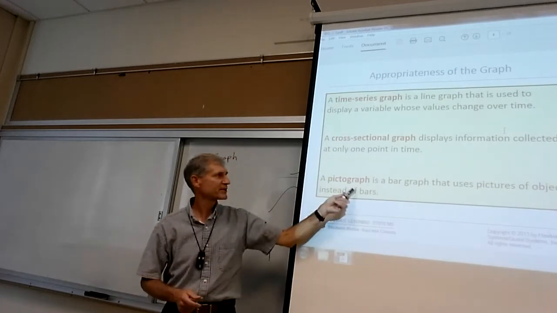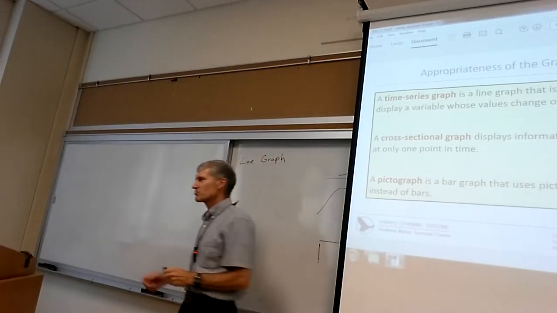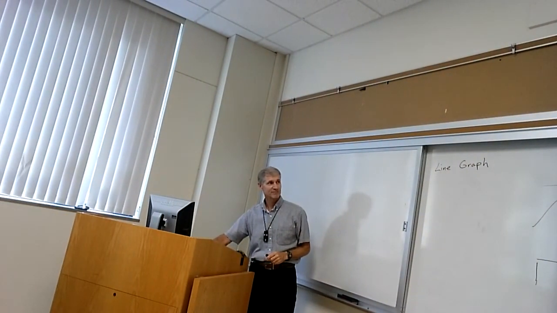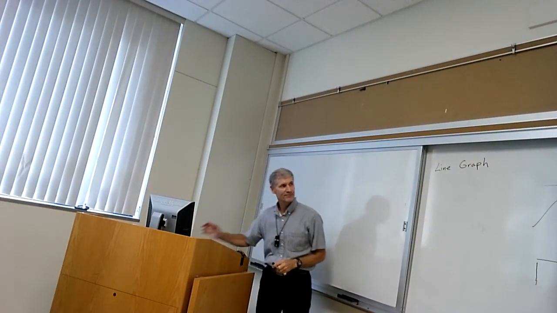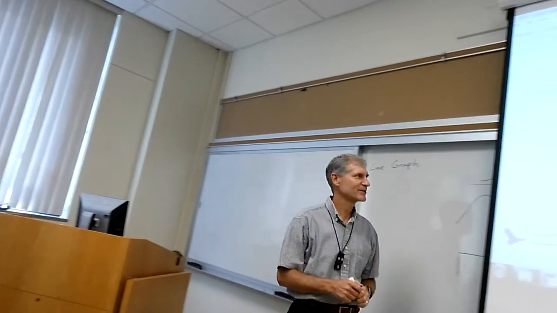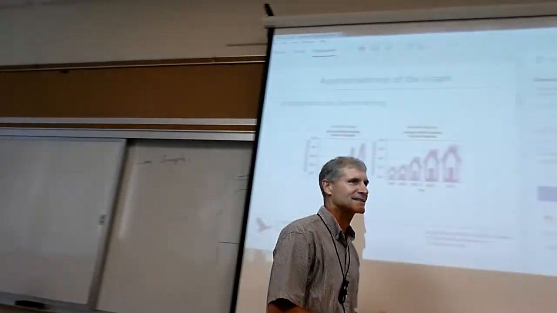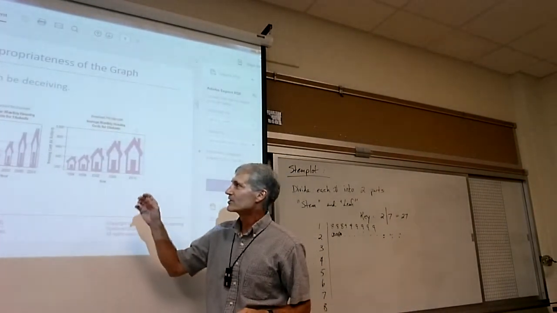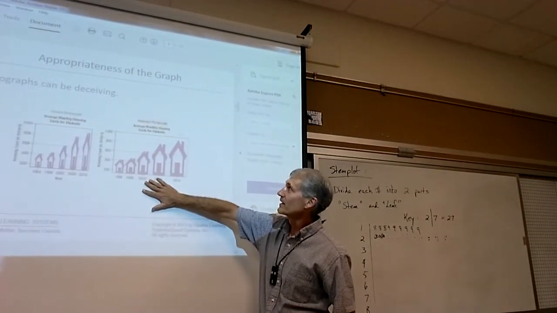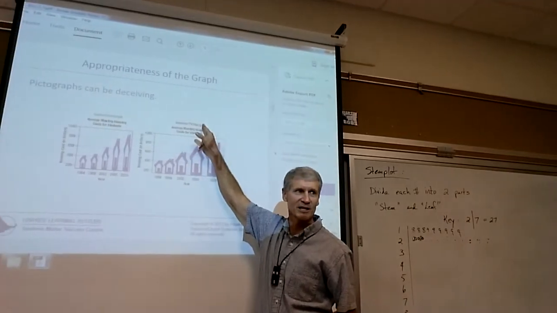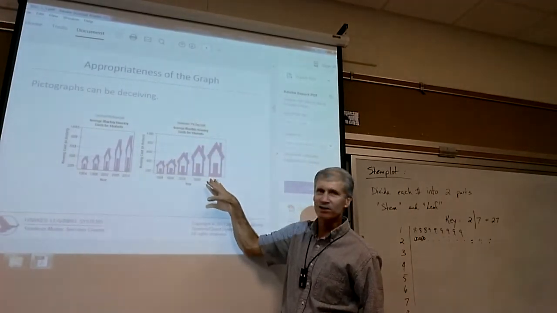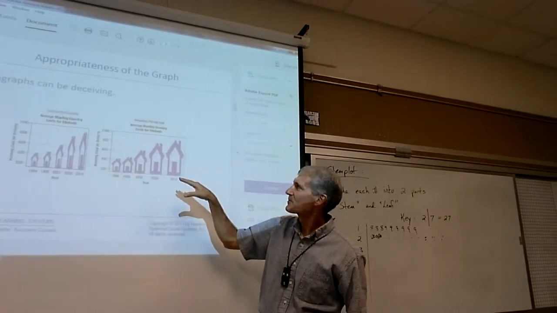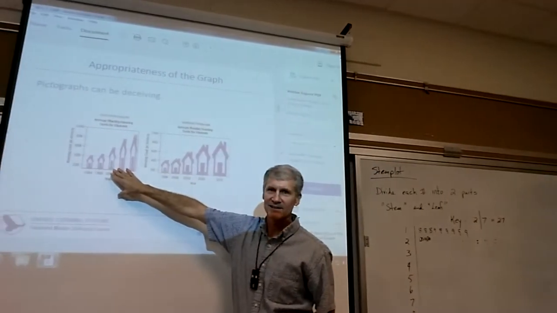Right? A pictograph is a bar graph that uses pictures or objects instead of bars. These drive me crazy. You see them in USA Today and Time Magazine and stuff like that. It's very, very common to do the graph this way. And this says incorrect pictograph. What's wrong with it? This one is correct.